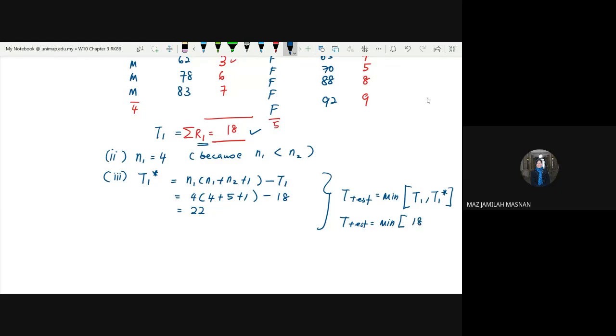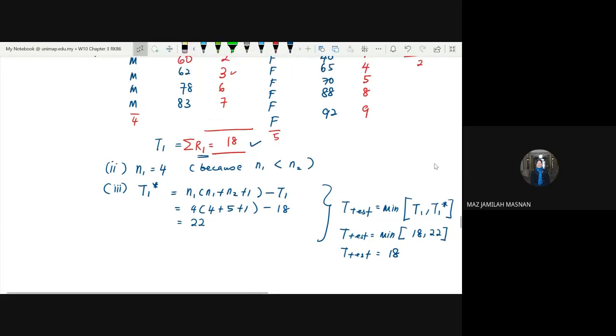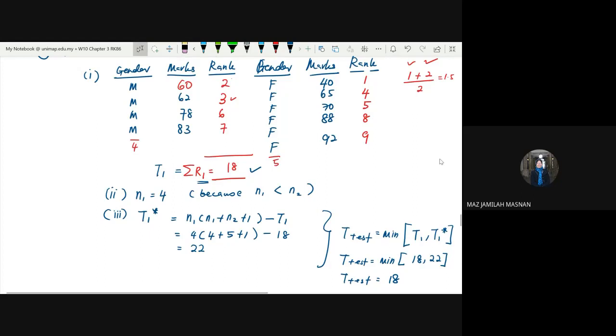Your T1 is 18 and T1 star is 22. So your t-test is equal to 18. Okay, clear, class? Your T1 is obtained by the summation of the ranks, and then T1 star uses the formula here. Putting everything together, T1 is the one here, 18. Because we are dealing with a two-tailed test, this is the way we find the t-test.